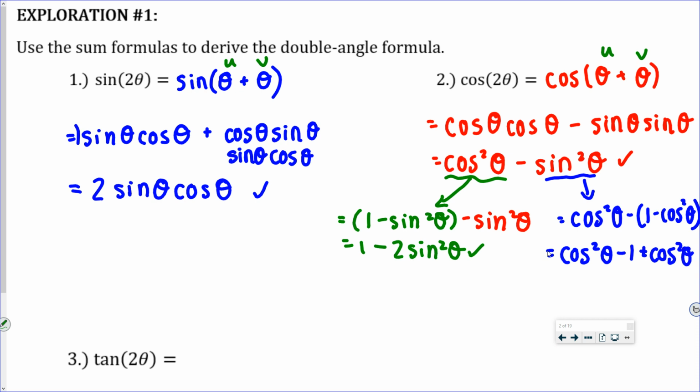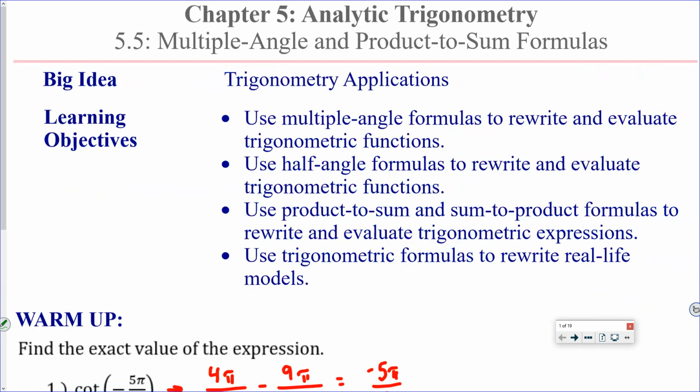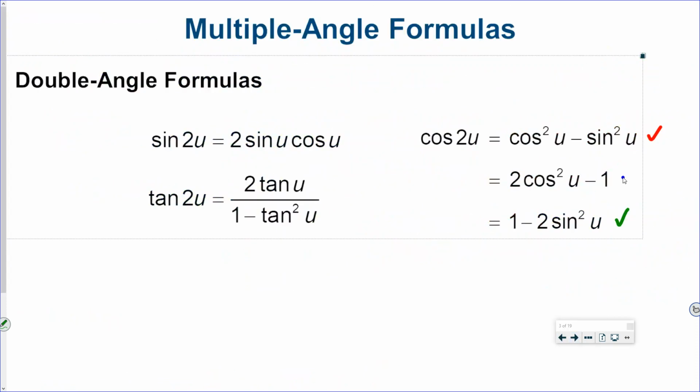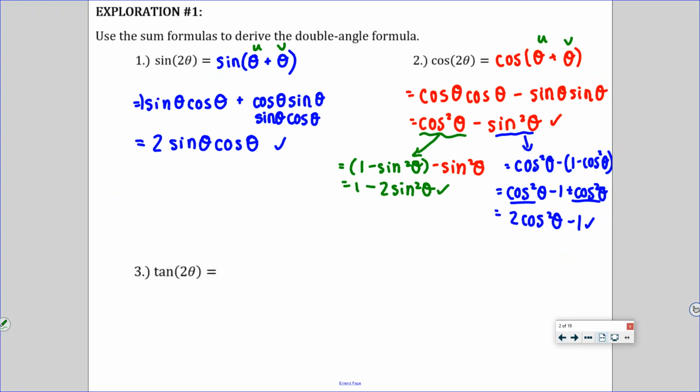I'm going to write it in the same order that yours has. Cosine squared plus cosine squared would be 2 cosine squared of theta minus 1. There's that third one. There it is.